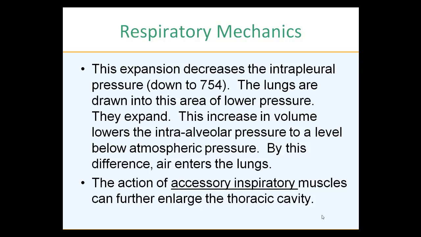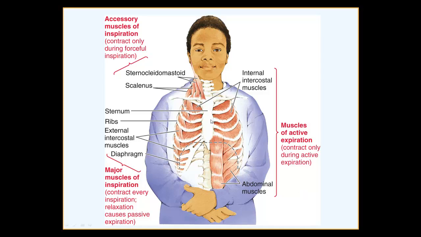We sort of covered that, and I told you already about the accessory inspiratory muscles, and you can have a picture of it here. The internal intercostal is an expiratory muscle. The external intercostal is an inspiratory muscle, and we have the sternocleidomastoid and the scalene.